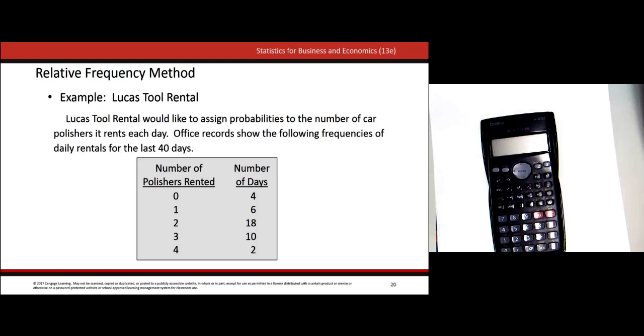In this case, you can either use the subjective method or you can use the relative frequency method. How do we use the relative frequency method? We calculate the relative frequencies and we use relative frequencies as the probabilities.